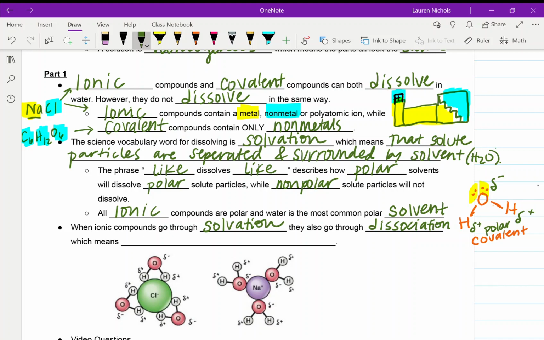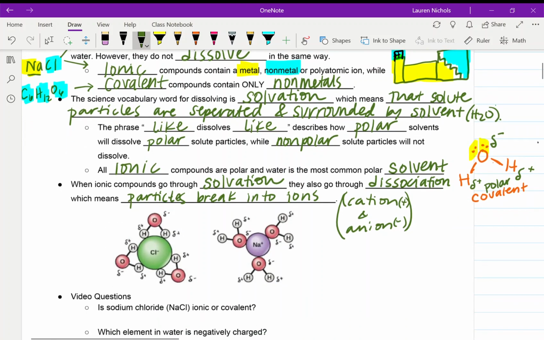And so this means that the particles, the formula units of salt or whatever ionic compound you have, are going to break into the ions. Okay, and so that means instead of one salt particle or formula unit being separated from another salt particle, that will happen, but it will also break down the formula unit into its ions. So you'll have your cation and your anion that are going to separate. And remember, cats have paws, so cations are positive, anions are negative.